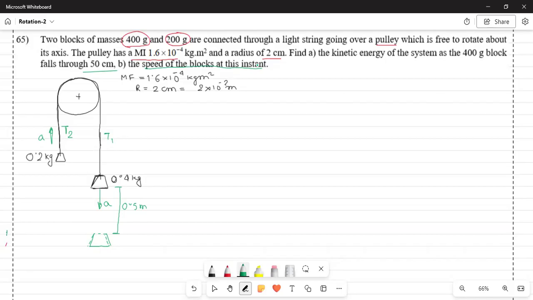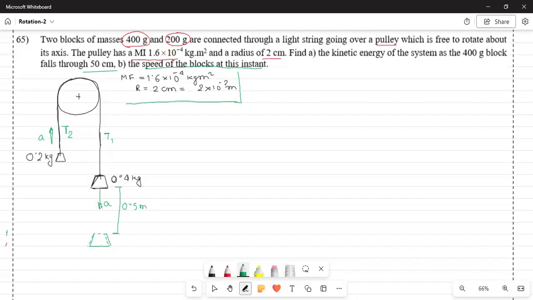So, how do we start? We start from the basics. Let's say the free body diagram of the 0.2 kg block and the free body diagram of the 0.4 kg block. I do not want to write it once again because you have done it so many times during your kinematics chapter. So without writing the free body diagrams, if you look at the 400 gram block, or 0.4 kg, it is accelerating downward.